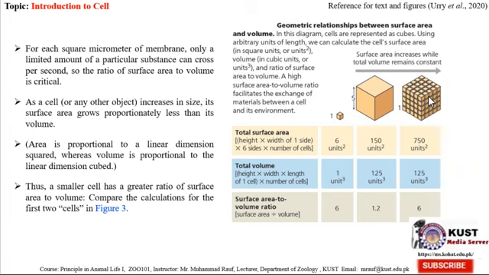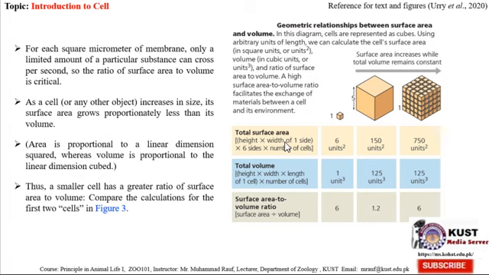Now we calculate the surface area for this group of cells. Each cell is 1 unit, whether centimeter, micrometer or millimeter.